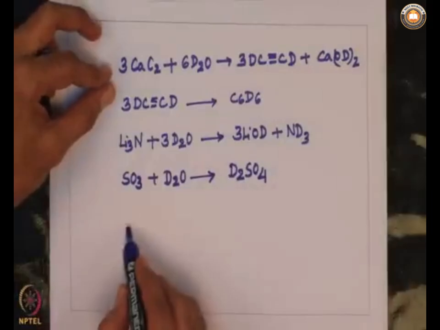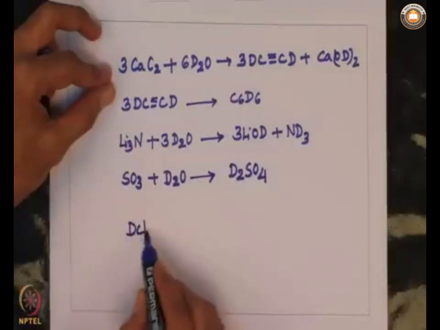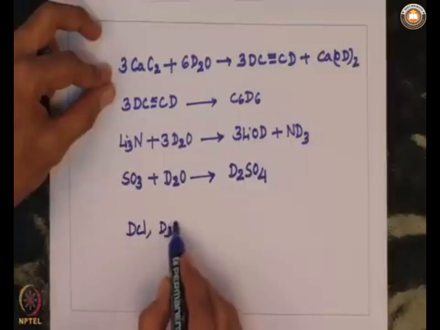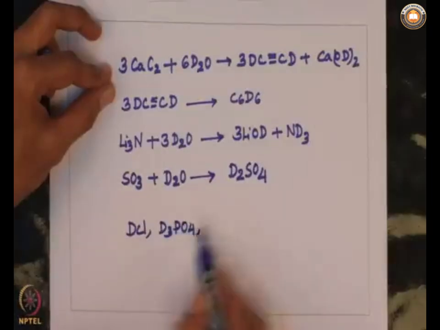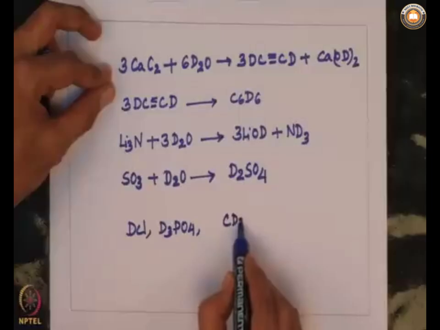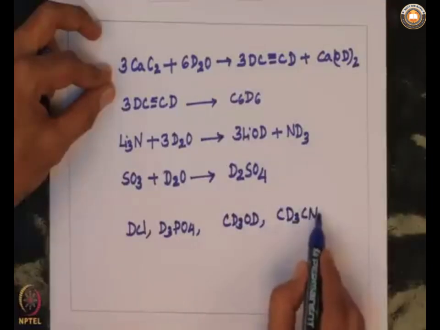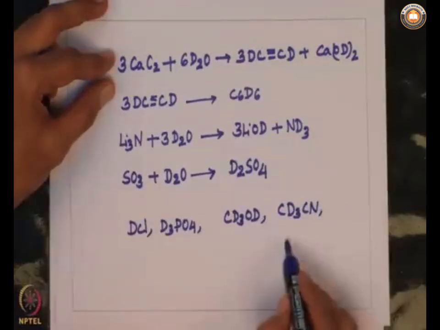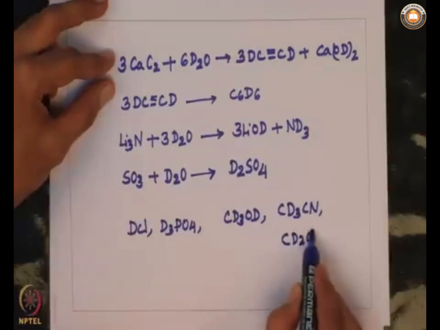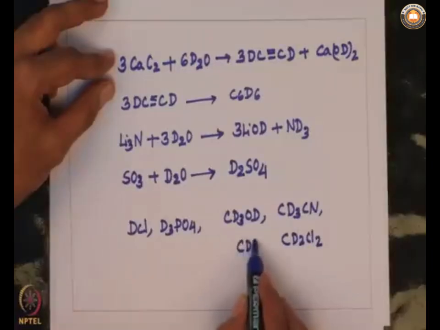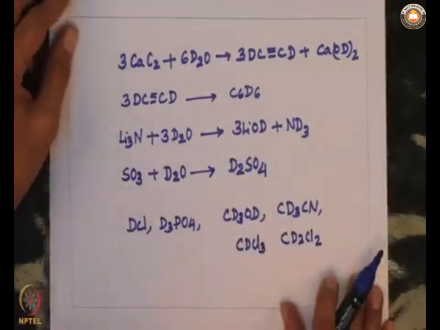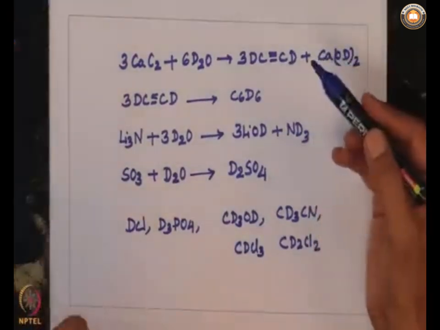For example, we can also make an attempt to prepare DCl, D3PO4 and also organic reagents such as CD3OD, CD3CN or CD2Cl2, CDCl3. So, if we know how to prepare these compounds starting from D2O as the deuterated precursor, we should be able to comfortably prepare all these compounds.